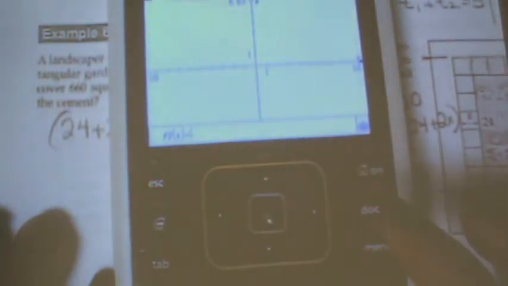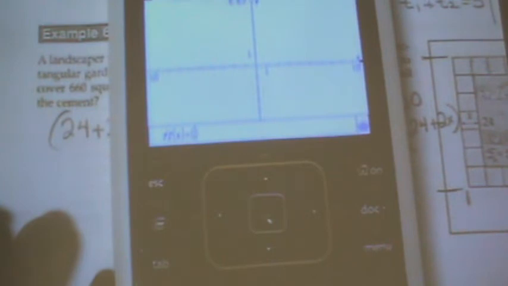I'm gonna be lazy, I'm gonna type in (24 plus 2X) times (40 plus 2X), and I'm gonna subtract the area of the garden, which is 24 times 40, and then I'm gonna subtract 600. And see what I get. Bam, there's your answer.